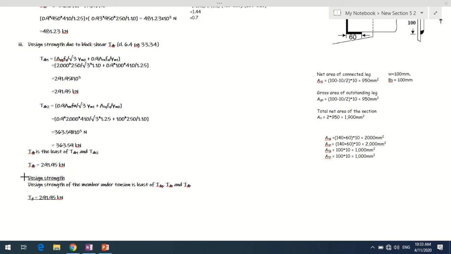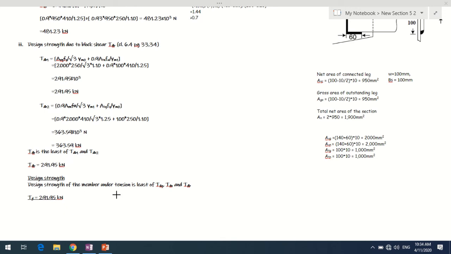Comparing these two, whichever is least will be considered as the strength under block shear. Out of these two, 291.95 is the least one, so that will be considered as TDB, the strength in block shear. Now if you want to report the design tensile strength, you need to look for the strength in yielding TDG, rupture TDN, and block shear TDB. Compare all these three and see which one is least.